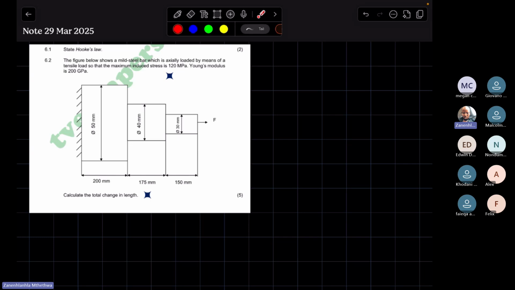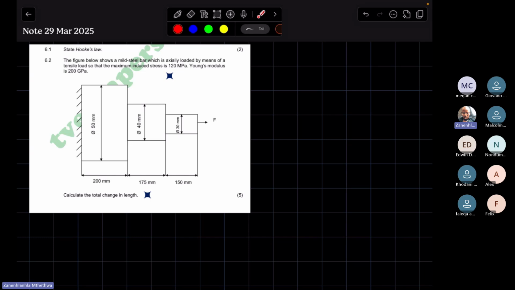So even if you forget how to define it, just look at it from the perspective of the stress strain graph: in the elastic region, the stress is directly proportional to the strain, and that is what Hooke's law is essentially.